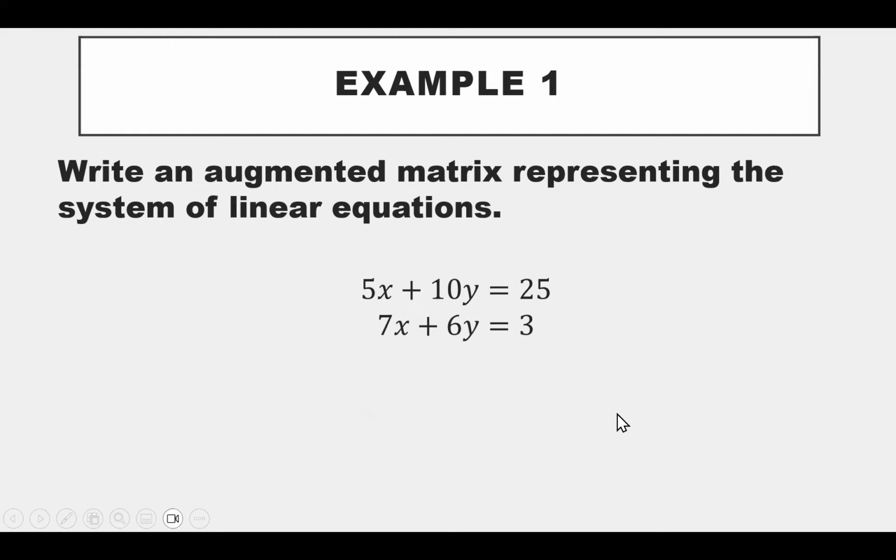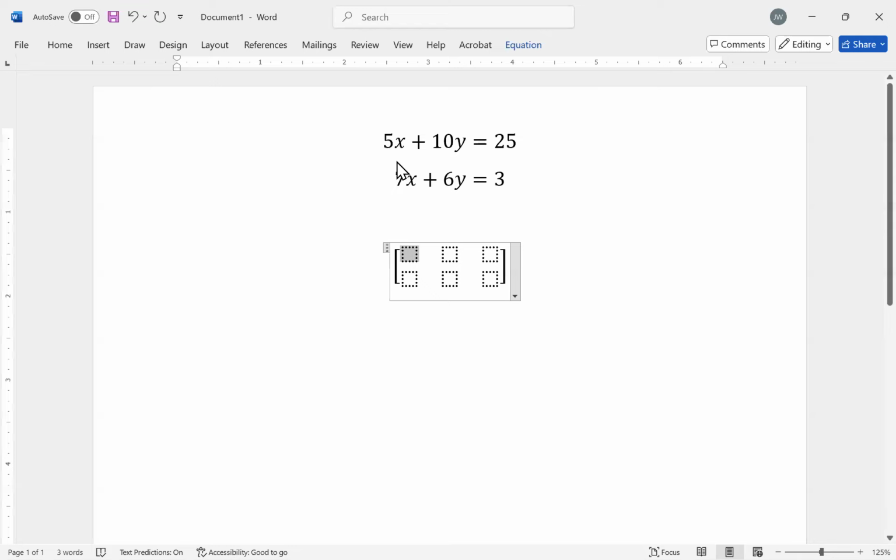So let's do that for this example. Let's create an augmented matrix representing this system of linear equations. Push pause on the video if you'd like to try this on your own. Since this system has two equations, it'll have two rows.